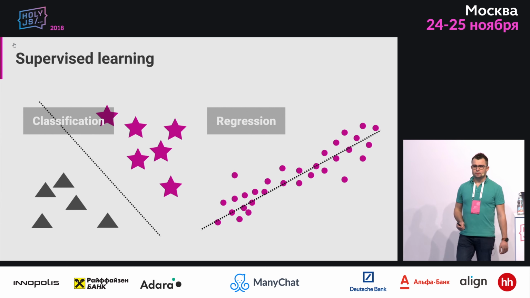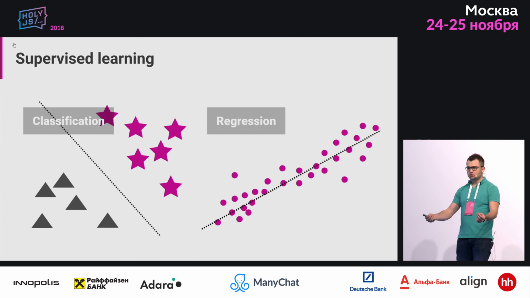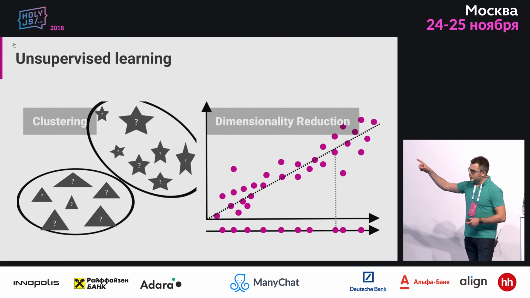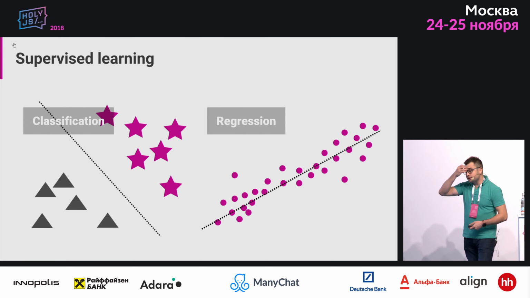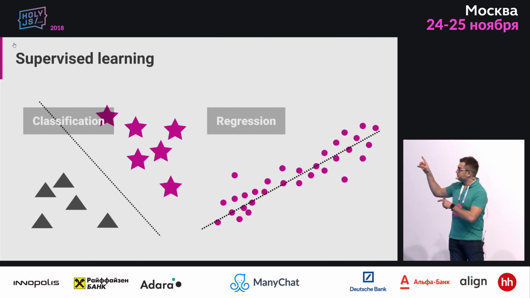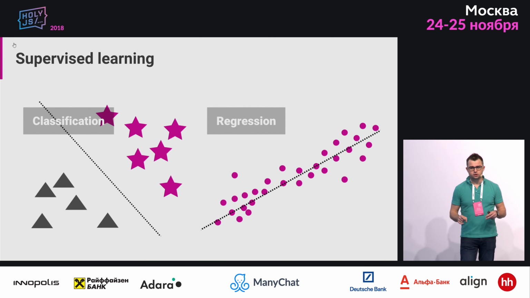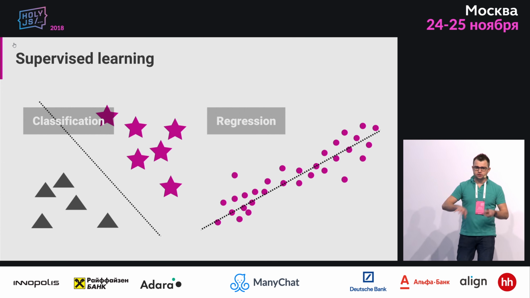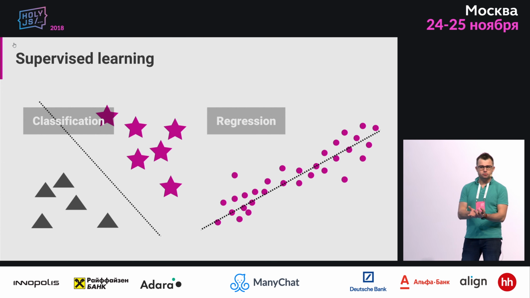Given the examples and the labels, as you see here, in the classification problem we have the red star and the black triangle. These are some objects, and we are showing the examples in some space where we describe those objects.